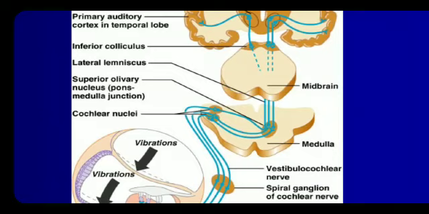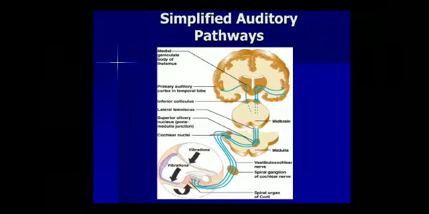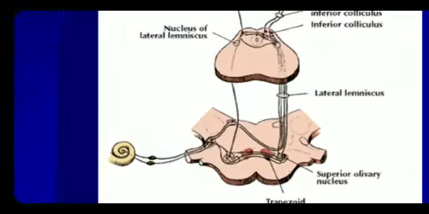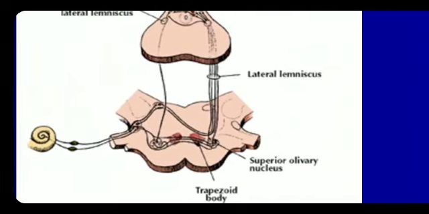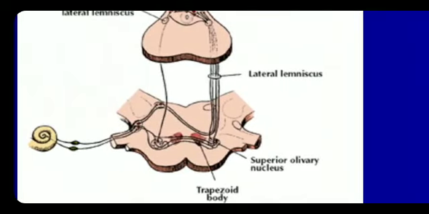And you should also know about the trapezoid body. You can see here the trapezoid body. This is the trapezoid body, the crossing fibers of the two sides that form a conspicuous mass of fibers called the trapezoid body.